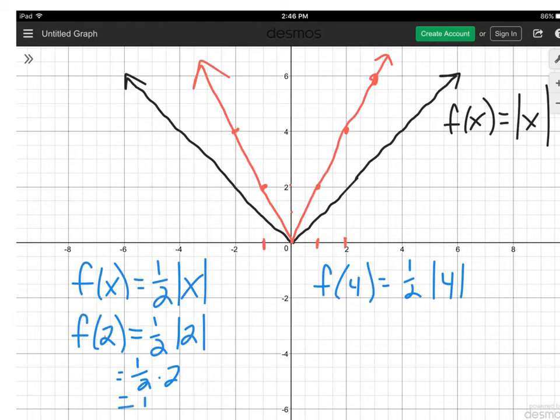So when the input is 2, the output is 1. We move on to 4, again, just because it's nice and pretty. When you plug 4 into our function, the absolute value of 4 is 4, 1/2 times 4 is 2, and so then we get this. And this pattern, again, will continue on.